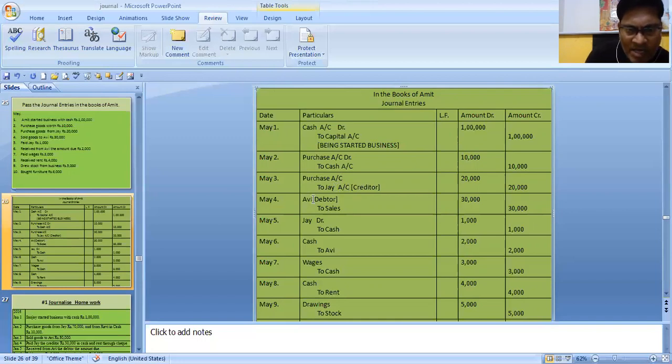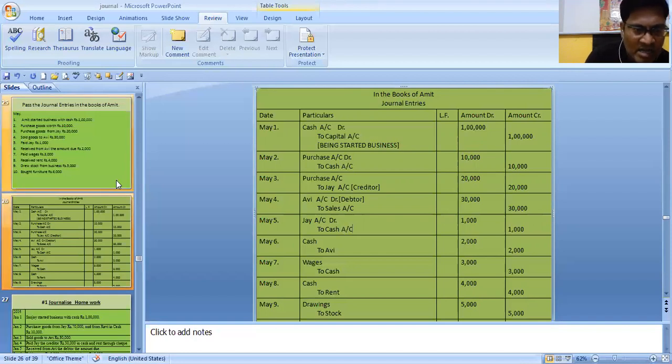Then again, Avi account debit to sales account. You have to write this; that's for your understanding. Then Jay account again debit. Why? Because Jay was receiving the money. So Jay account debit to cash account. Cash is going out from the business, cash is reducing, asset reducing, that's why credit.